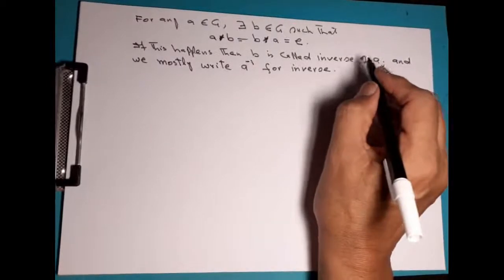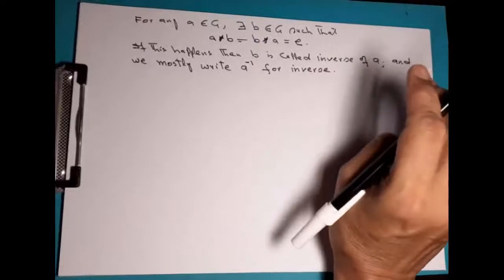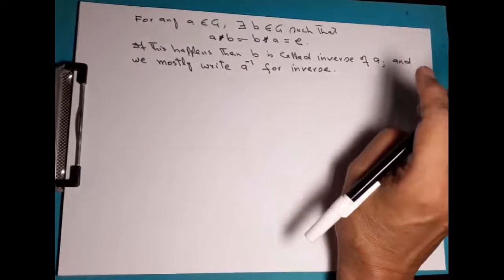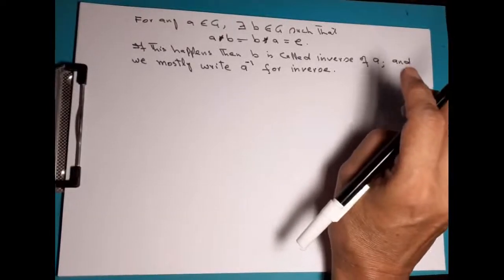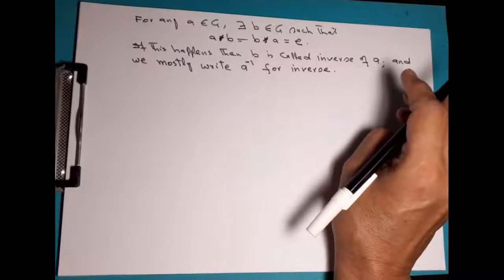So these conditions: first of all, there has to be a binary operation defined in G, or G has to be closed under the binary operation star. Secondly, the operation has to be associative.